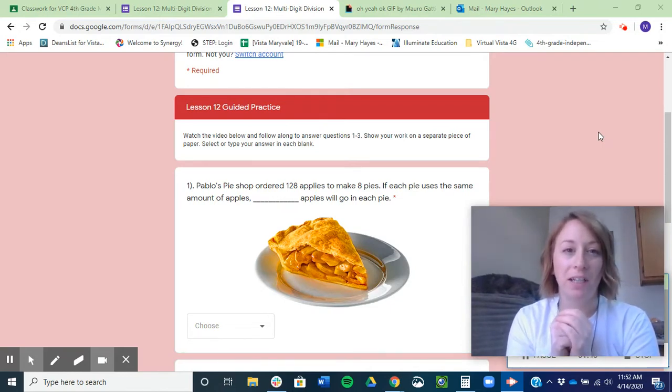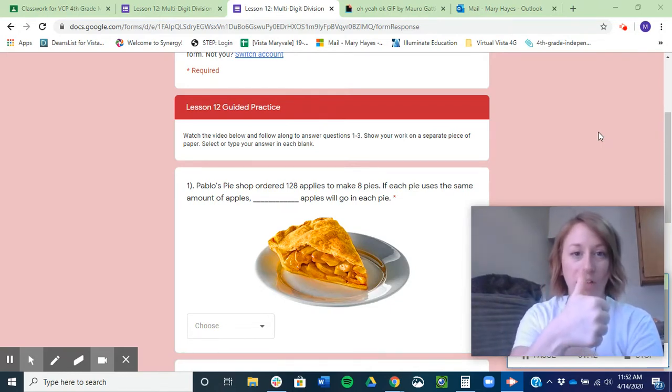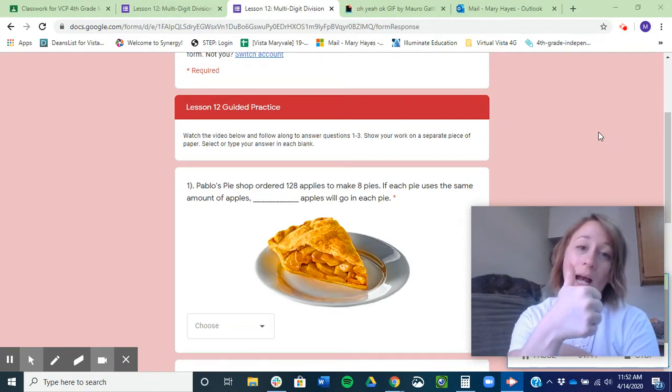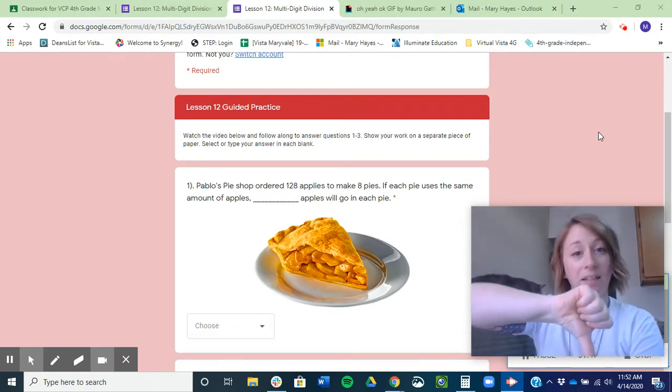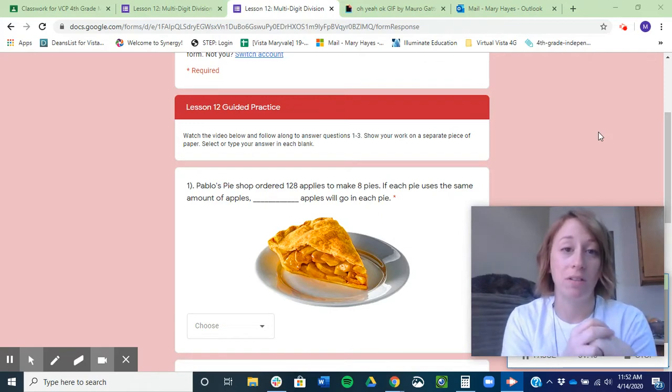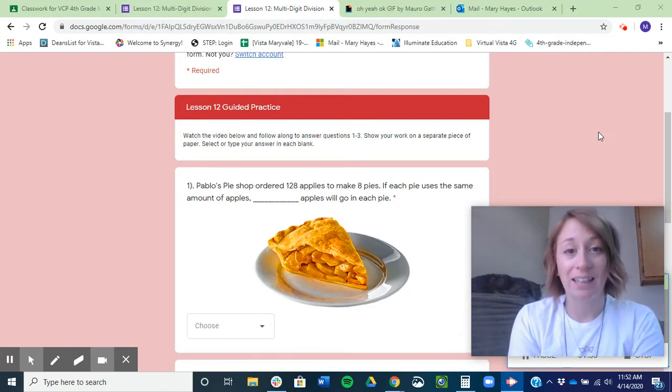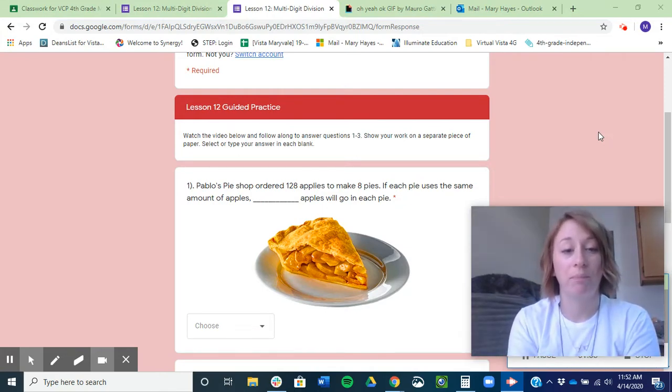Do you think there's going to be more than 128 apples in each pie? Or do you think there's going to be less than 128 apples in each pie? If you were thinking less, amazing work.